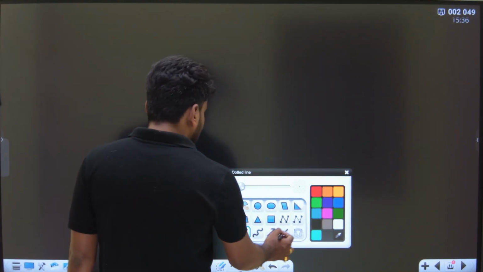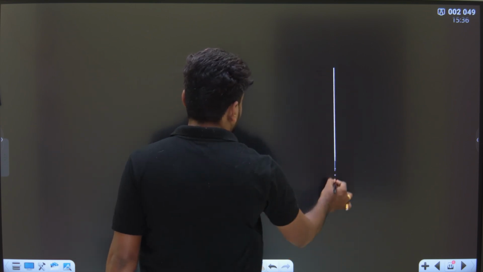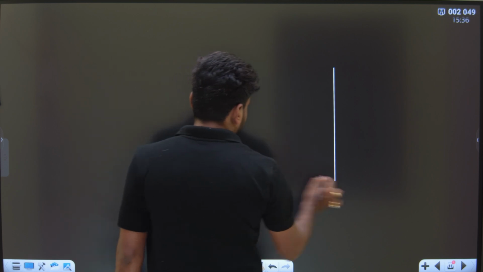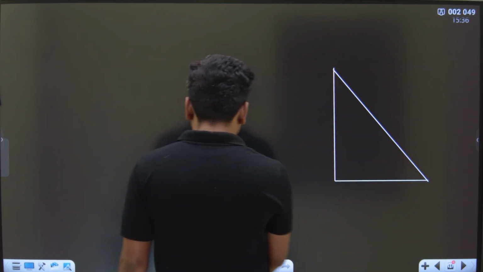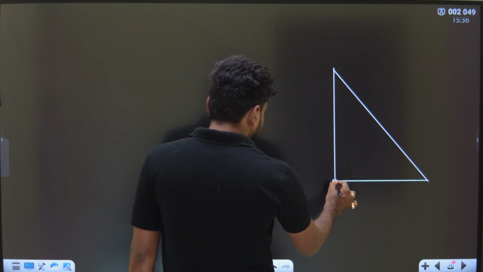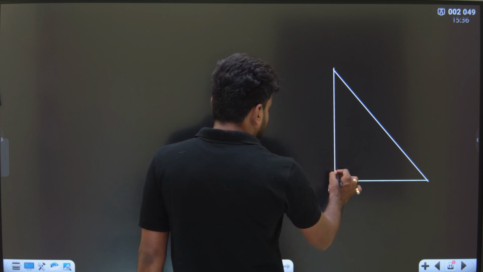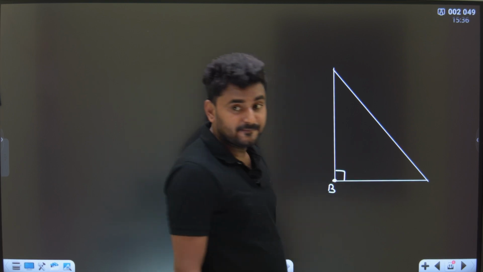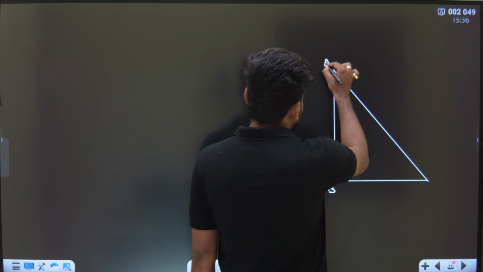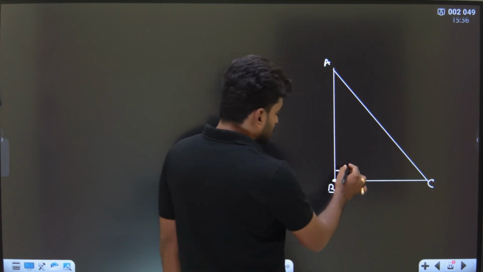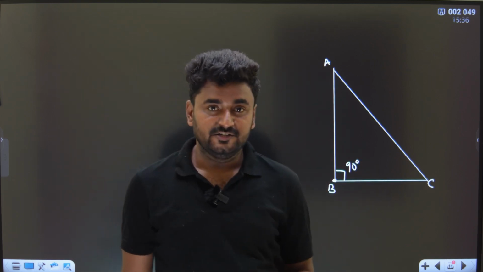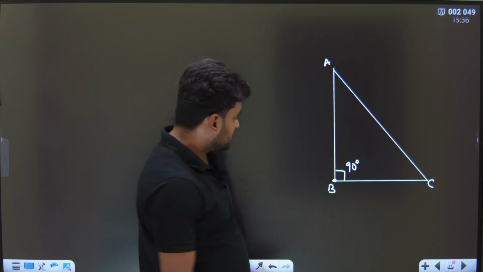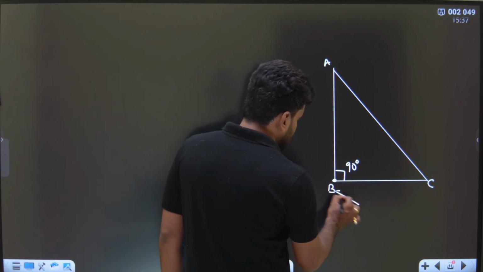Suppose there is any right angle triangle. Fine. Then suppose the vertex B is making 90°, and this is your triangle ABC. Here you can see this vertex B is making a 90°. So this vertex B is known as what?